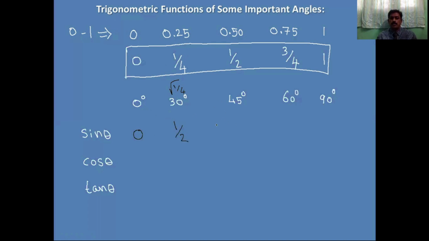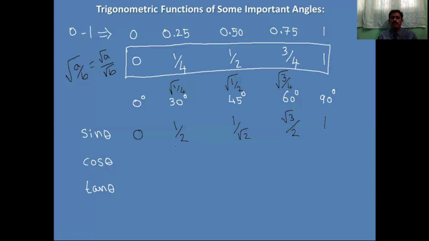Similarly, the square root of 1 by 2 is 1 by root 2, since root of a by b can be written as root a by root b. Applying this, we have root 3 by 4, which equals root 3 divided by root 4, whose value is 2. So here it is root 1, which is 1.